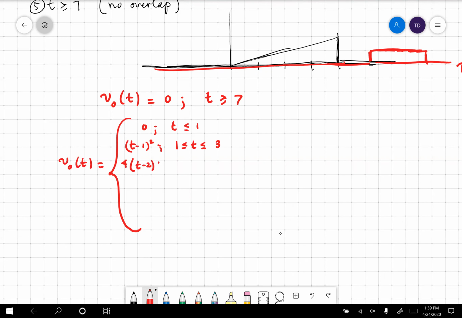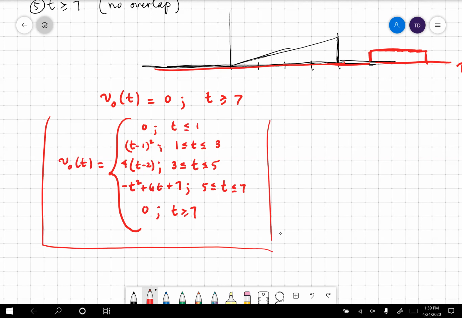Get rid of that square. And that was from 3 to 5. And then it was minus t squared plus 6t plus 7 for 5 less than or equal to t less than or equal to 7. And then finally 0 for t greater than or equal to 7. So that's how we write it. So we would box that up if we were asked for that.